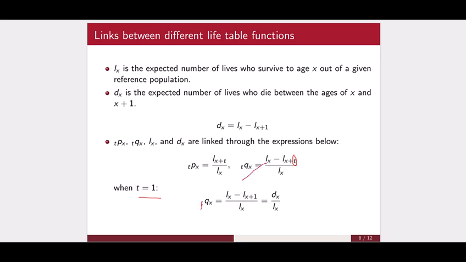So Lx is given here, and in Lx plus t, where there's the t, we'll put a 1, over the Lx. Now we may recall that Lx minus Lx plus 1 is just the dx. So we substitute it with the dx, and the Lx comes here as it is. So qx is also dx over the Lx. These are the different links between the different life table functions.